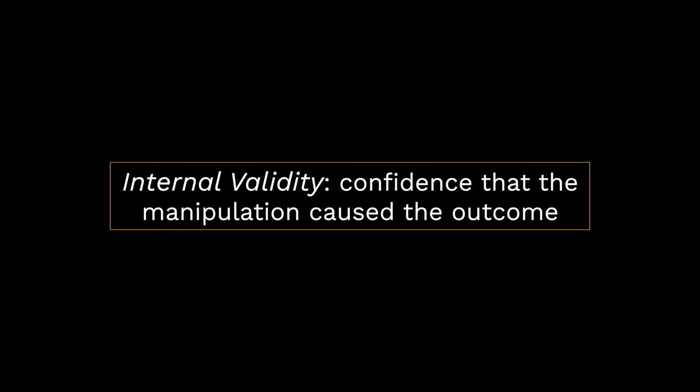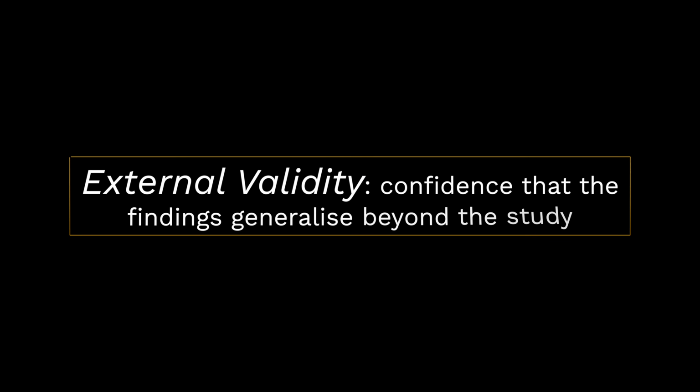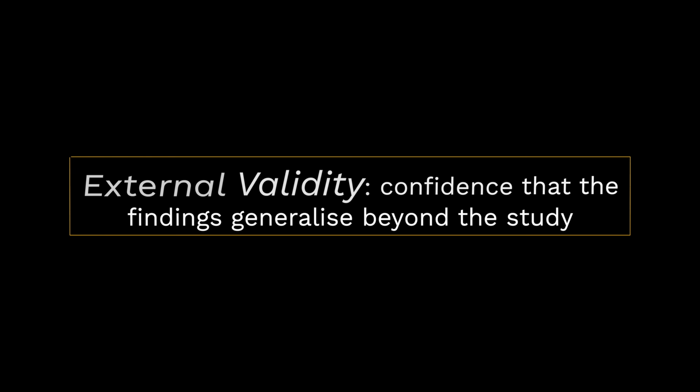This brings us to one of the most important tensions in research design. Internal validity: confidence that the manipulation caused the outcome. External validity: confidence that the findings generalize beyond the study. These often pull in opposite directions.